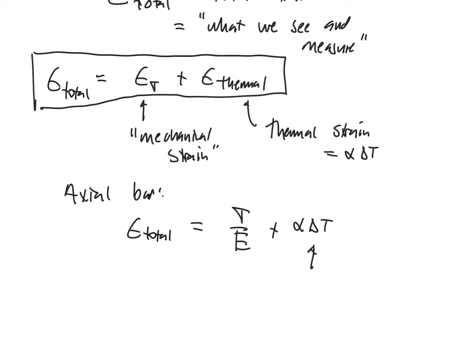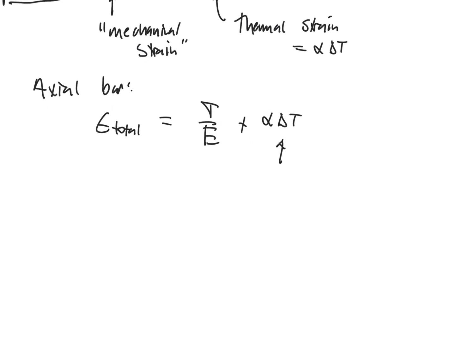So alpha goes on the right-hand side when we're writing out our constitutive relation. Therefore, the alpha part goes into the constitutive law, or the stress-strain law, when we write out our expression for strain.